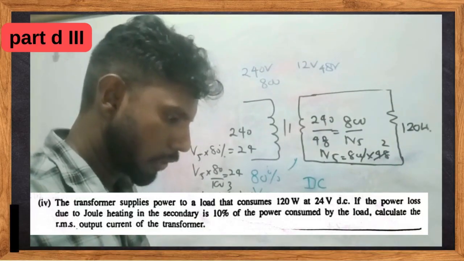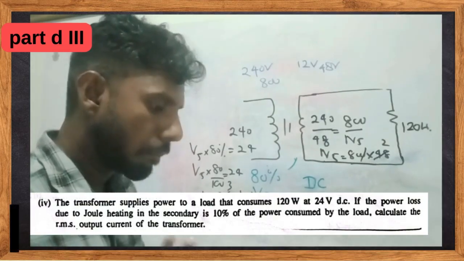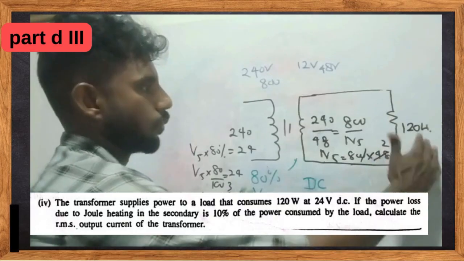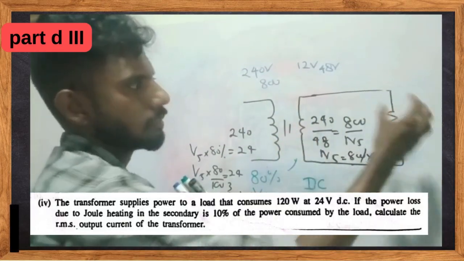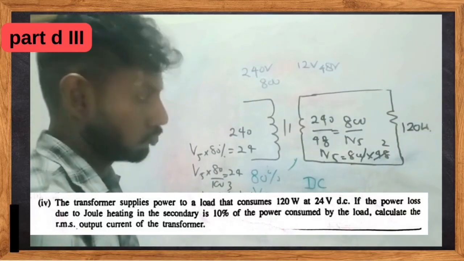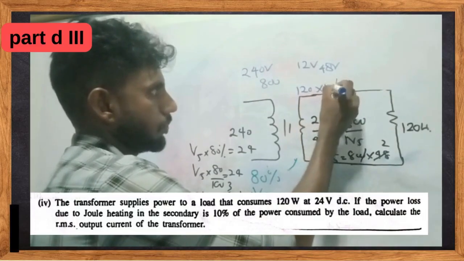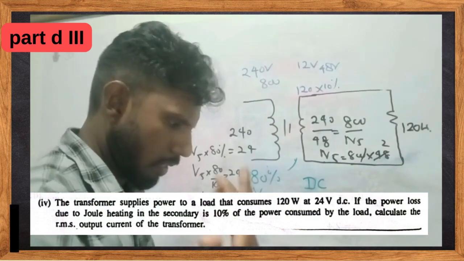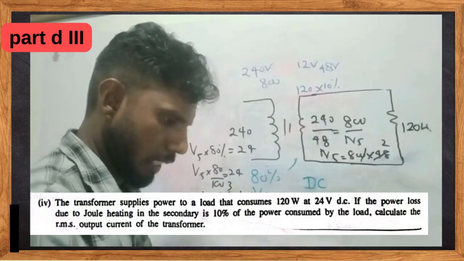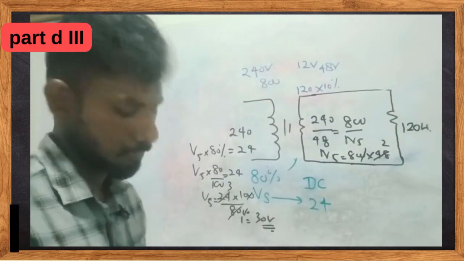If the power loss due to Joule's heat of the secondary is 10% of the power consumed by the load, so here the Joule's heat is 10% of this. So 10% of 120 is the loss, right? Calculate the RMS output current of the transformer.